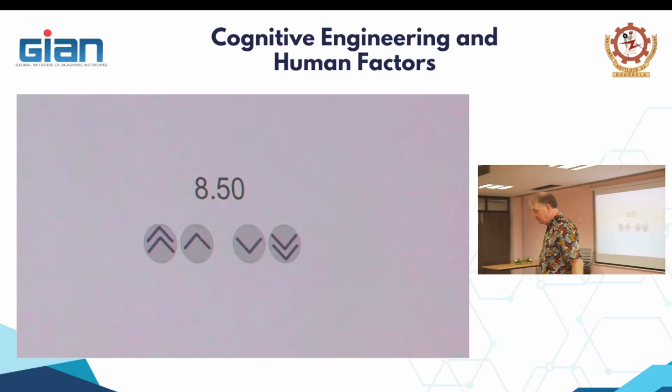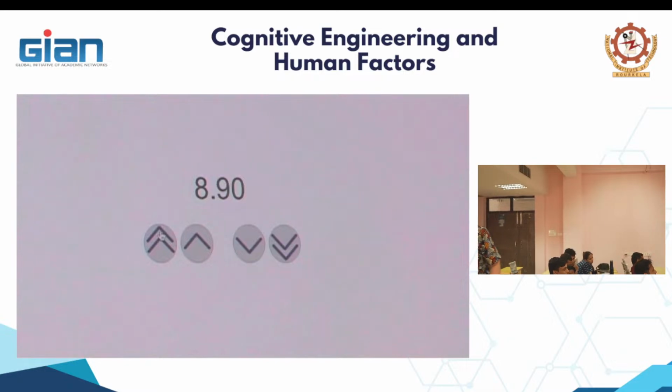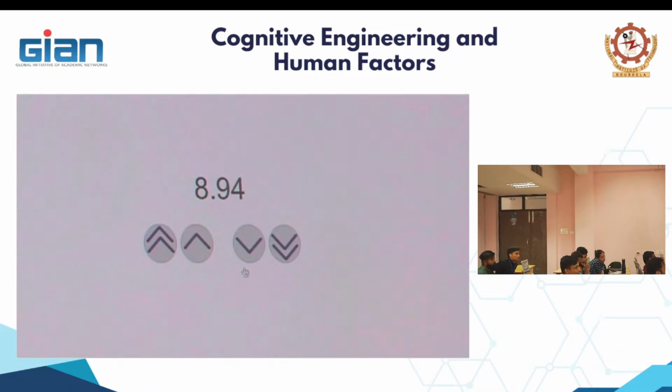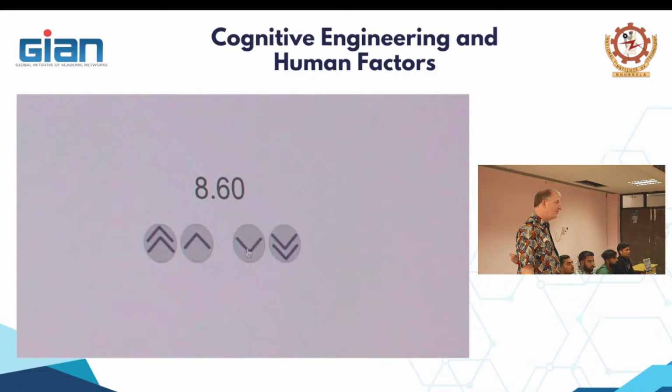These 2 are used to increase the number, and these 2 are used to decrease the number. I think it's quite reasonable to assume that the small arrows are sort of mirror images of each other.